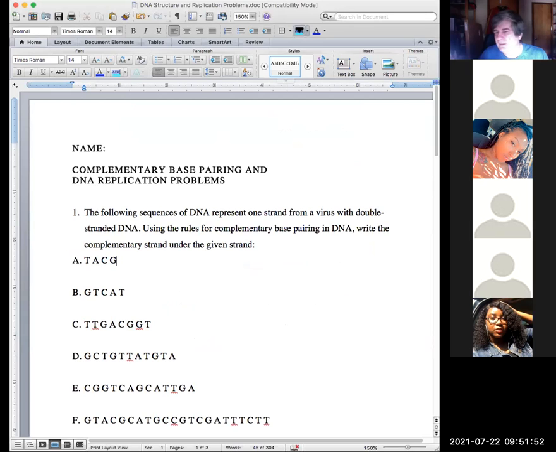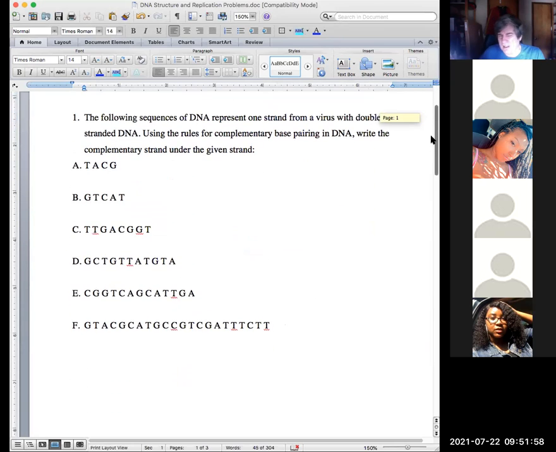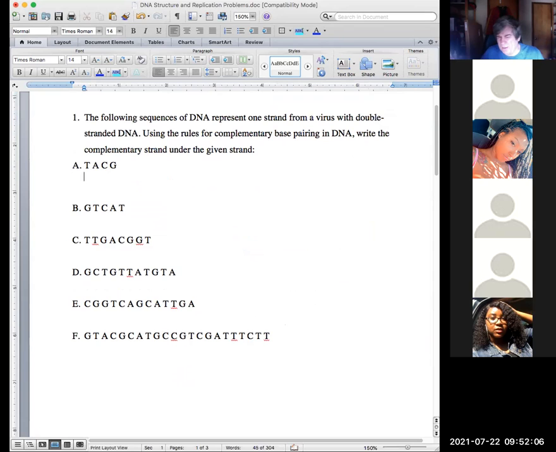But what we want to think about before that is how we can use this information about complementary base pairing to get some information about DNA when we're doing a DNA analysis. So suppose we have a piece of DNA and we know one of the strands. What can we figure out?